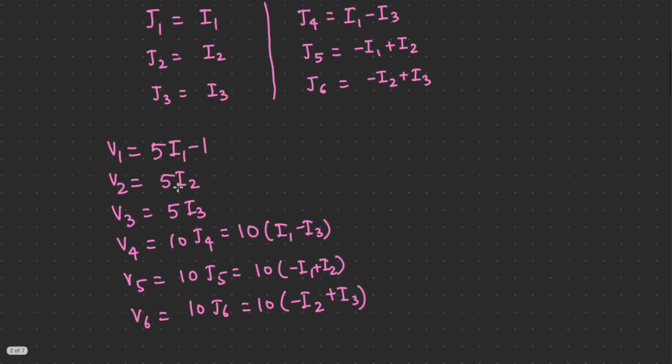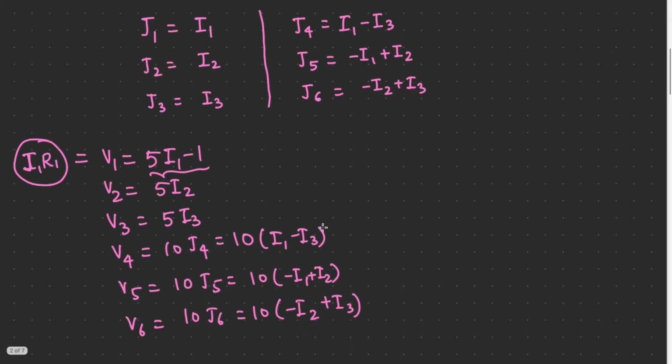So we got all the voltages in terms of loop current. V1 we could have written in terms of J as J1 R1, which will be 5I1 minus 1, and same way we can write the others.